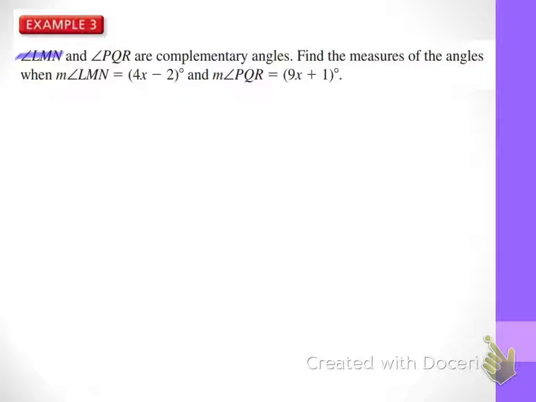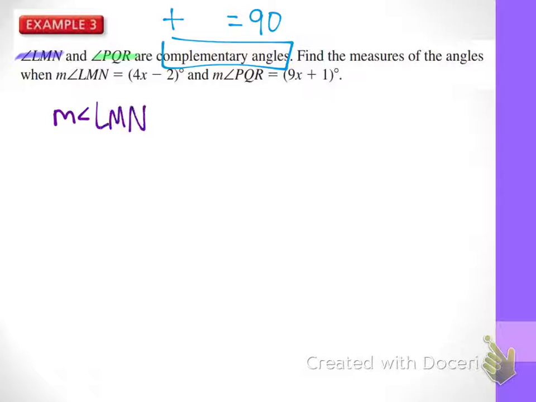LMN and PQR are complementary angles. So what does that mean that they do? They add up to 90, so they're going to add and equal 90. So that means we're going to take the measure of angle LMN, add it to the measure of angle PQR, and they'll equal 90.